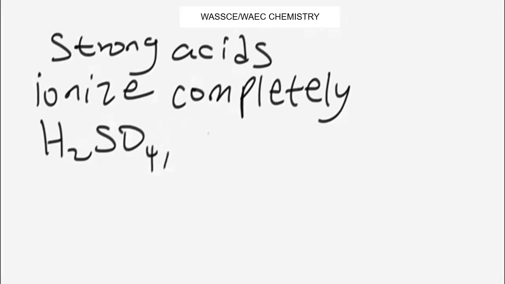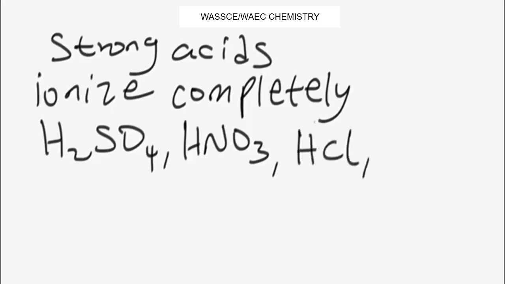Another example is nitric acid, that's trioxonitrate 5 acid. Another example is hydrochloric acid. These are basic examples of strong acids you have to know about. These acids ionize completely in water.